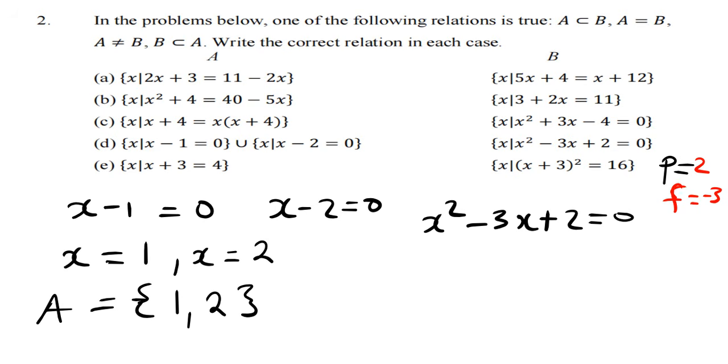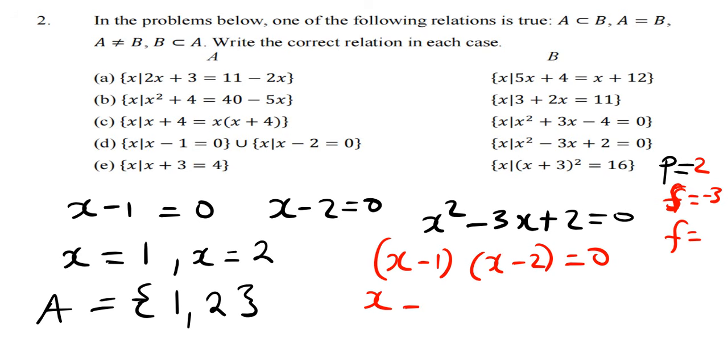Then the factors, two numbers that when we multiply them give us 2, but when we add them, give us -3. I think -1 and -2 are able to do that. So it will be (x - 1)(x - 2) = 0. Therefore, x will be equal to 1 and x will be equal to 2.